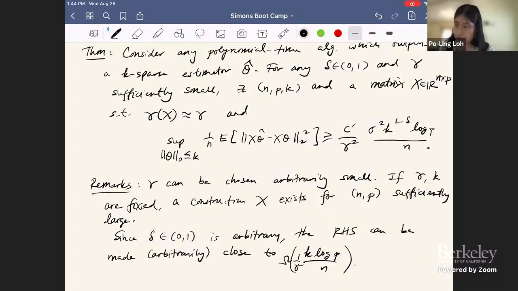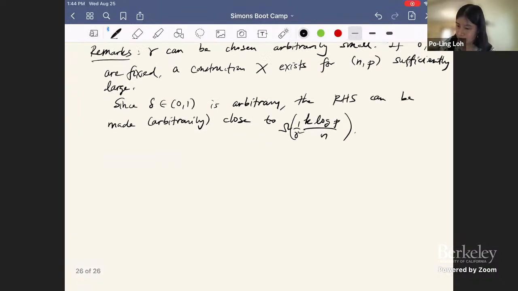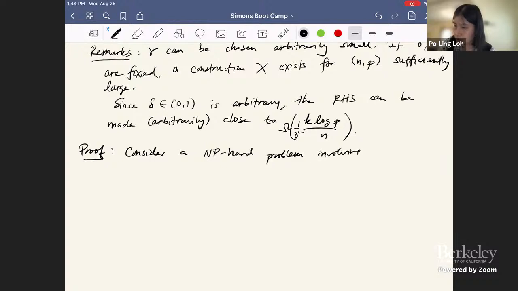So now in the last 15 minutes, I'm just going to give you, in broad strokes, the idea of the proof. The idea of the proof is to consider a particular NP hard problem involving solving a linear system to a certain accuracy.